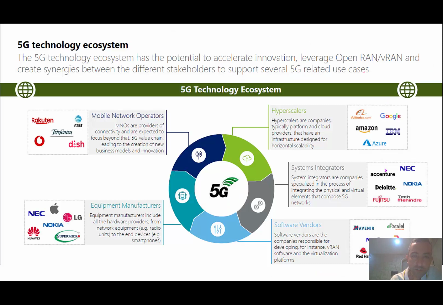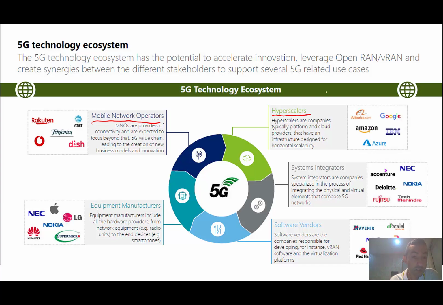So, in brief, we can say that the 5G technology ecosystem consists of mobile network operators and hyperscalers, which I think are the most important because they change the game, scale the market, and bring new things.